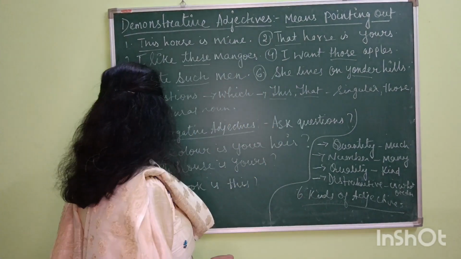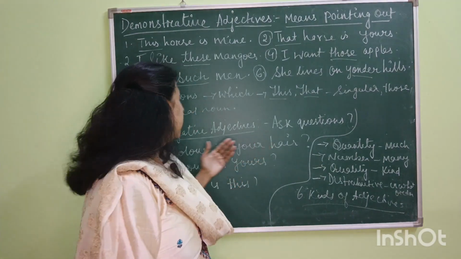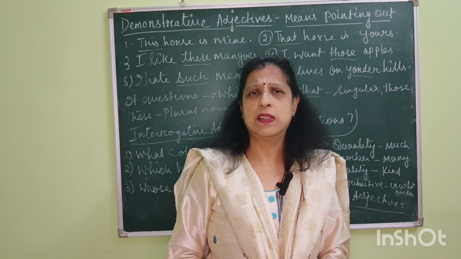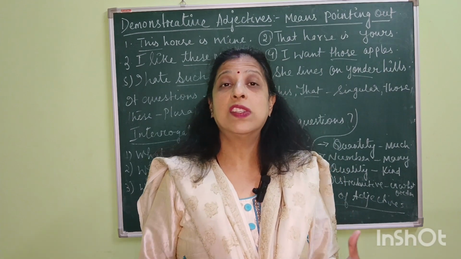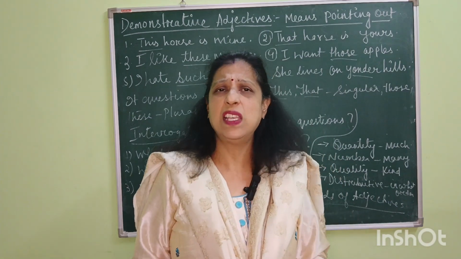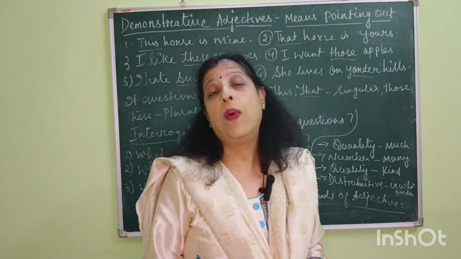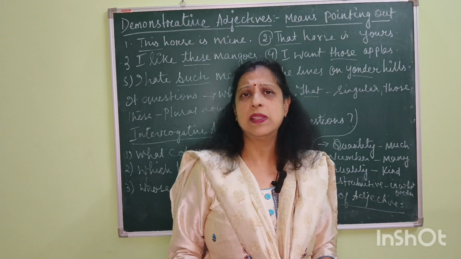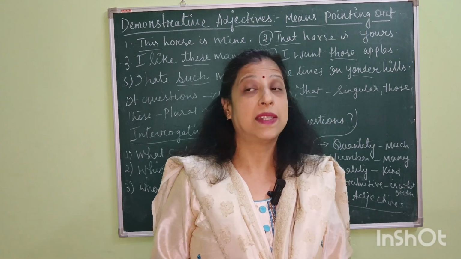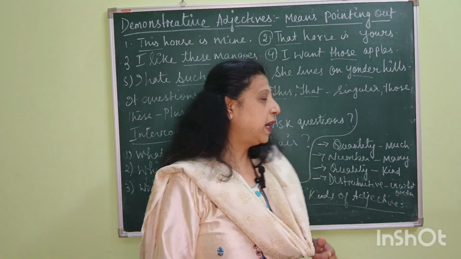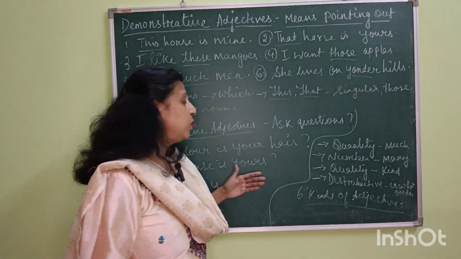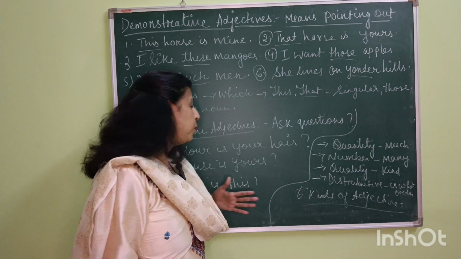Now coming down to the next kind of adjective, that is interrogative adjective. What is interrogative adjective? Interrogative adjective asks questions. It generally asks questions. What, why, who, whom. So these are all interrogative adjectives because they ask questions. Okay. Now, what color is your hair? Which house is yours? Whose book is this?